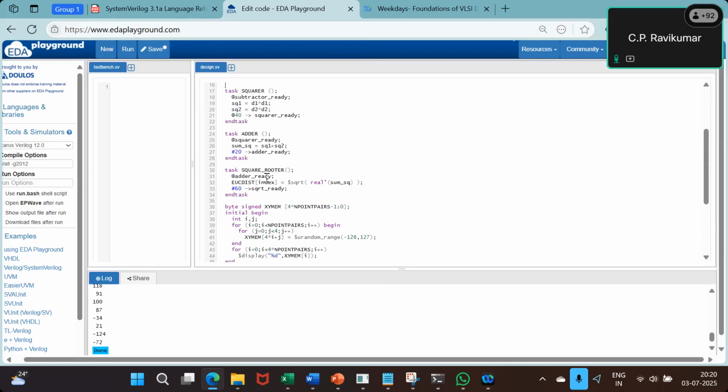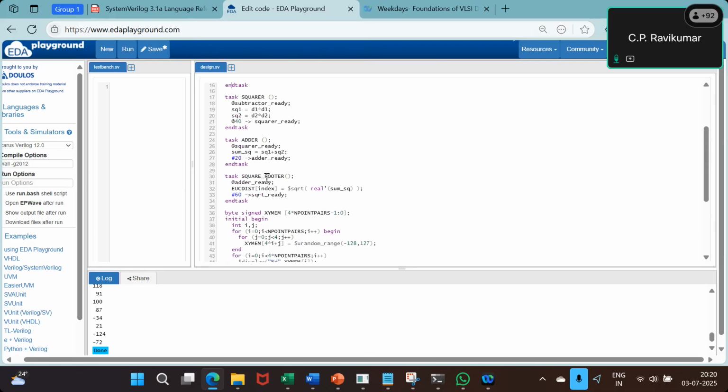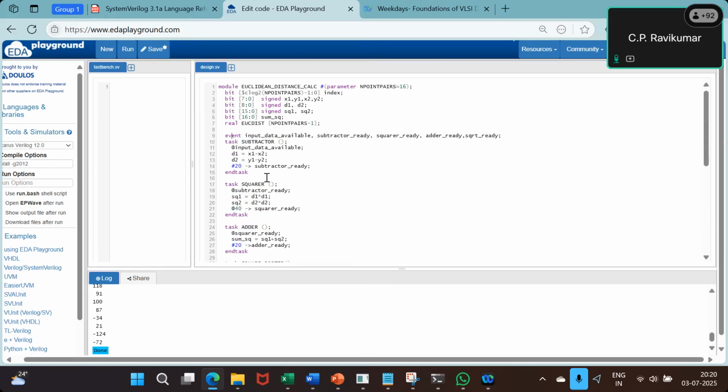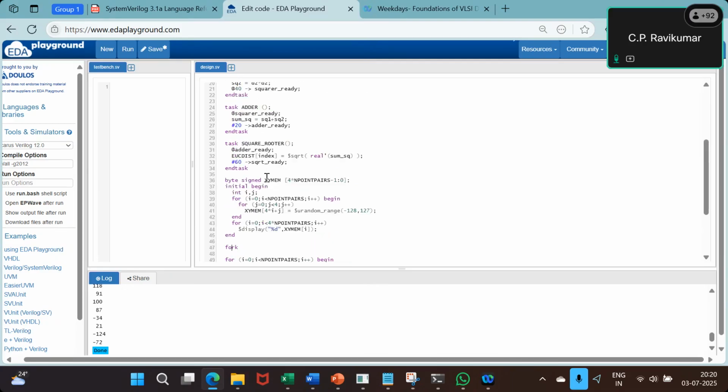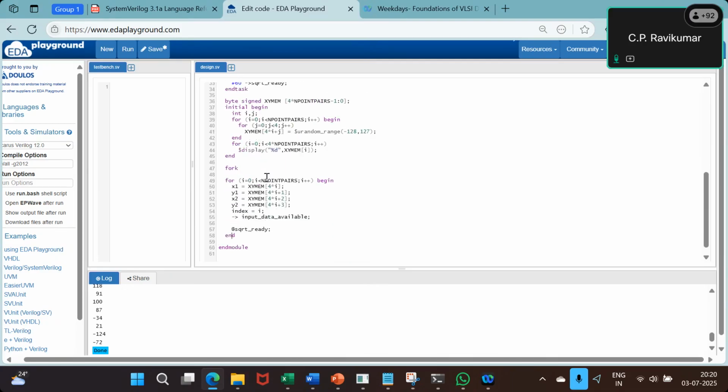One of them is called adder, square rooter, squarer, and subtractor. So subtractor, squarer, adder, and square rooter. Okay.